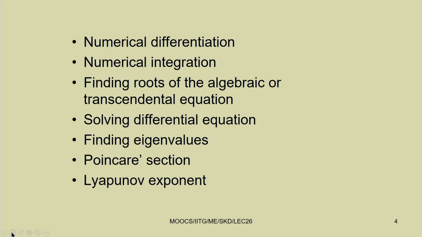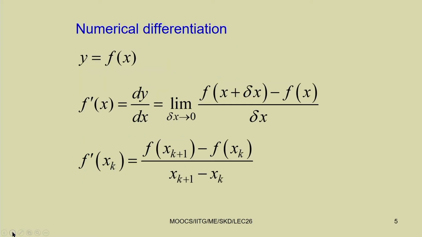Some of them you already know how to find, for example, eigenvalues of a matrix. For other things I will tell you the different methods. Some of these methods you have to study yourself also.